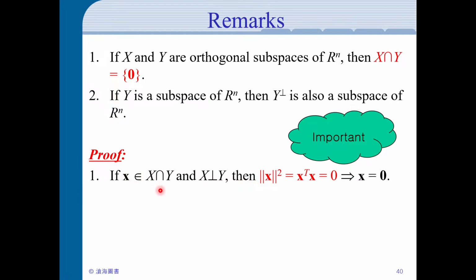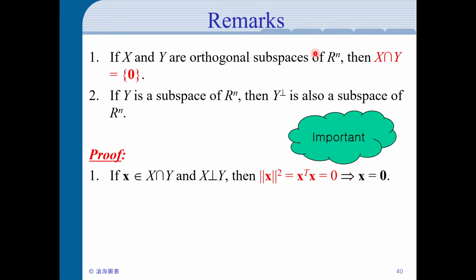From the R^n definition, every coordinate squared, x1 squared plus x2 squared up to xn squared, sums to 0, and that must mean all the coordinates equal 0. Everything inside big X and everything inside big Y has inner product equal to 0, so the norm squared of x equals 0, then the norm of x equals 0.